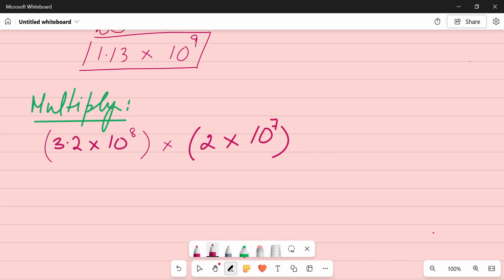So here we need to multiply 3.2 with this 2, right?